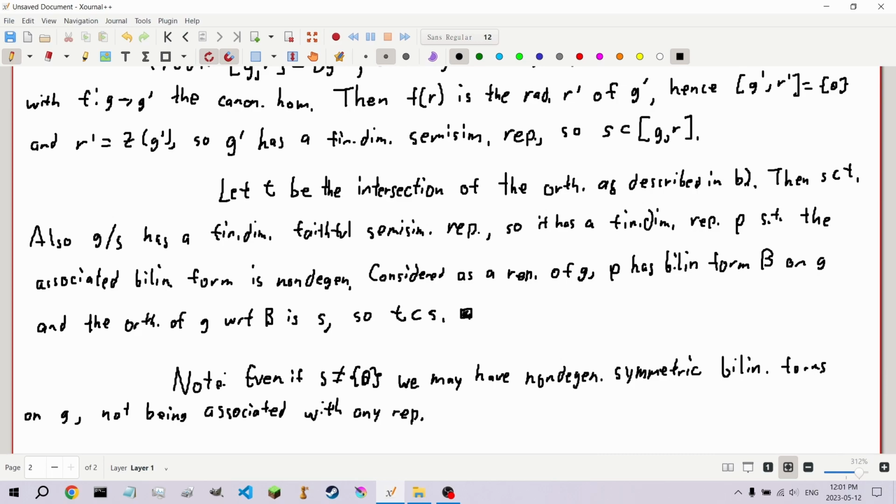So this only covers the non-degeneracy of symmetric bilinear forms generated by representations, as you can tell.